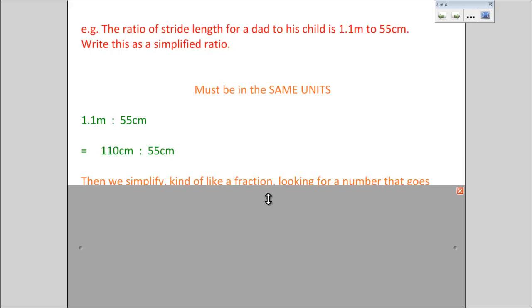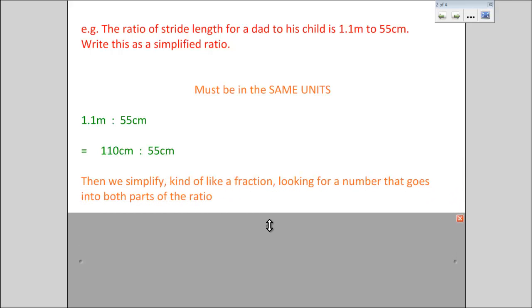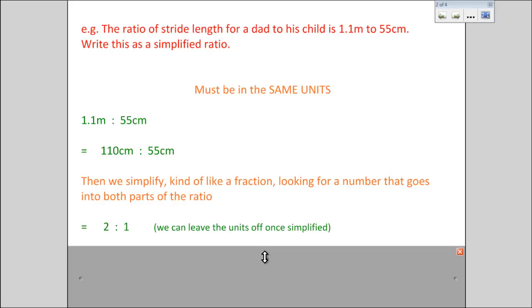centimetres. Now the next step is to simplify, which basically means cancelling down, kind of like a fraction. We're looking for a number that goes into both parts of the ratio evenly. In this case 55 goes into both of those numbers, into 110 twice and into 55 once. So we get a simplified ratio of 2 to 1.